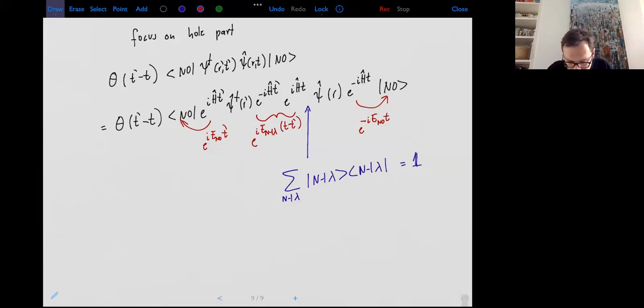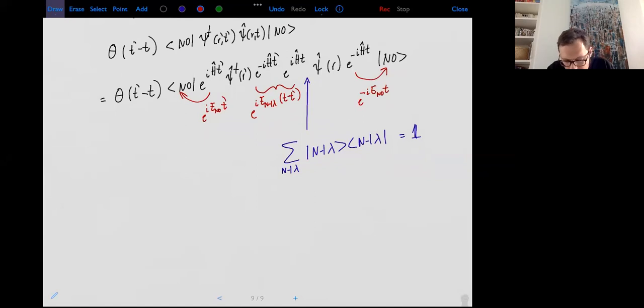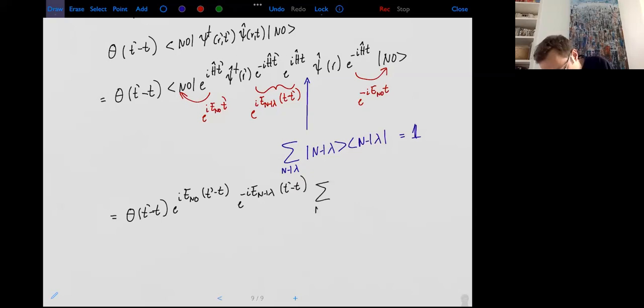Okay, and then let's collect everything that we've got. We've got theta of t prime minus t, e to the i E n0 (t prime minus t), e to the minus i E n-1 lambda (t prime minus t). Sorry, lots of writing.